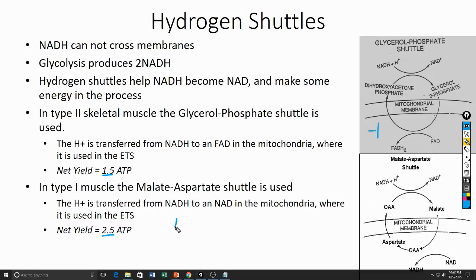So if NADH is equal to 2.5, and FADH is equal to 1.5, as a net, we're losing 1, okay? And this one's just equal. We're not losing anything because it's going NAD to NAD. In the glyceryl phosphate or the type 2, you're actually losing a bit of energy, okay? And that's one of the many reasons why a type 2 muscle fiber is less energy efficient when compared to a type 1.